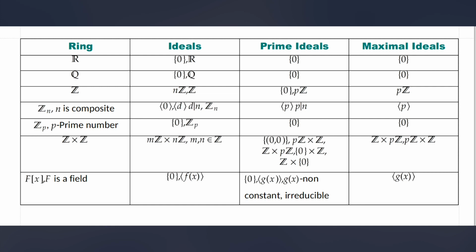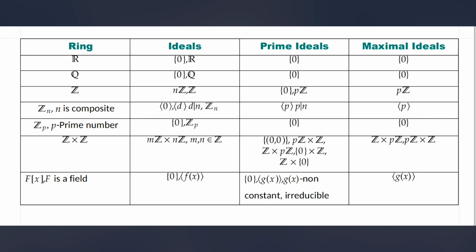The maximal ideal is also the ideal generated by p, where p divides n. For the ring Zp, where p is a prime number, the ideals are 0 and Zp. The prime ideal is 0, and the maximal ideal is also 0.